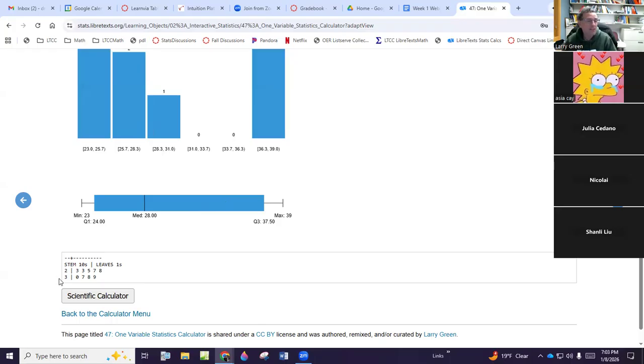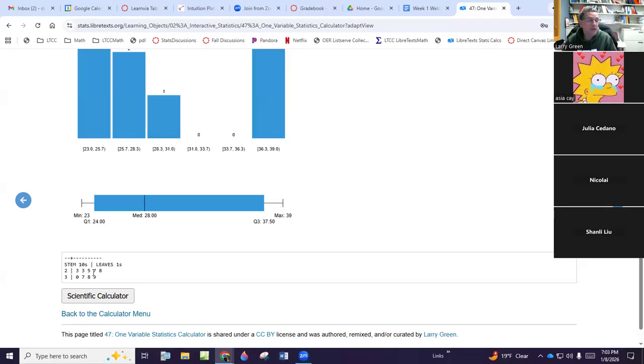On the other hand, the stem and leaf takes all the data values and collects them in a picture, but without losing the numbers. The stems in this case are the tens, and the leaves are the ones.